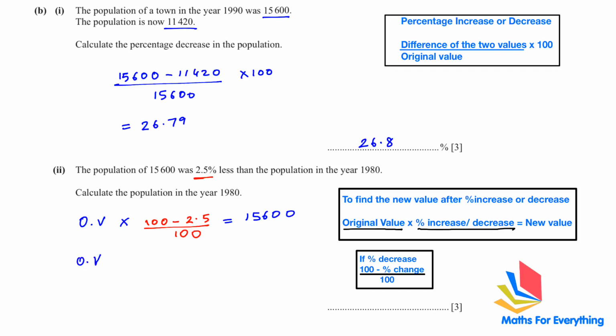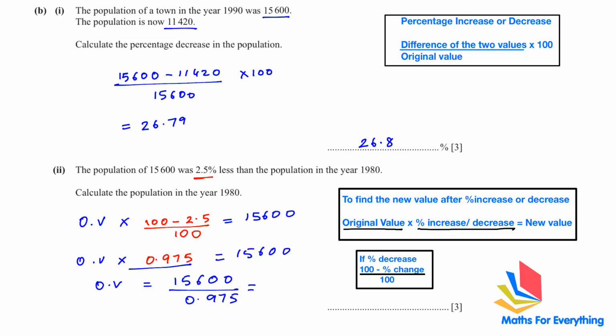Put this thing in the calculator and let's see what we get. It is equal to 15,600. This is a multiply, so when we move to the other side, it will be a divide. Now you just have to put it in the calculator to get your answer.